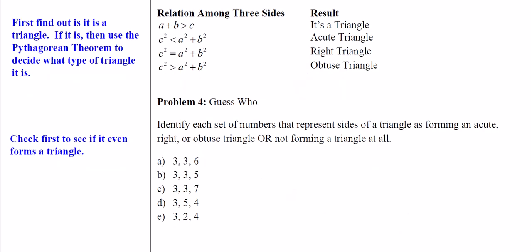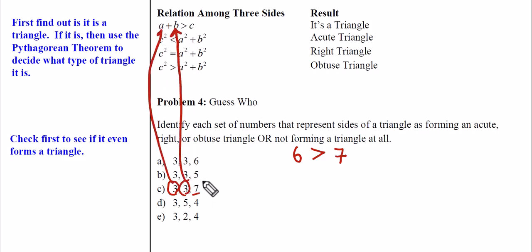Part C, let's do this again. Take the 2 smaller sides, 3 and 3. That's 6. Is that bigger than 7? That's a no. 6 is not bigger than 7, because this is my C. In this case, this is A, and this is B. We have to check to see if it's a triangle.